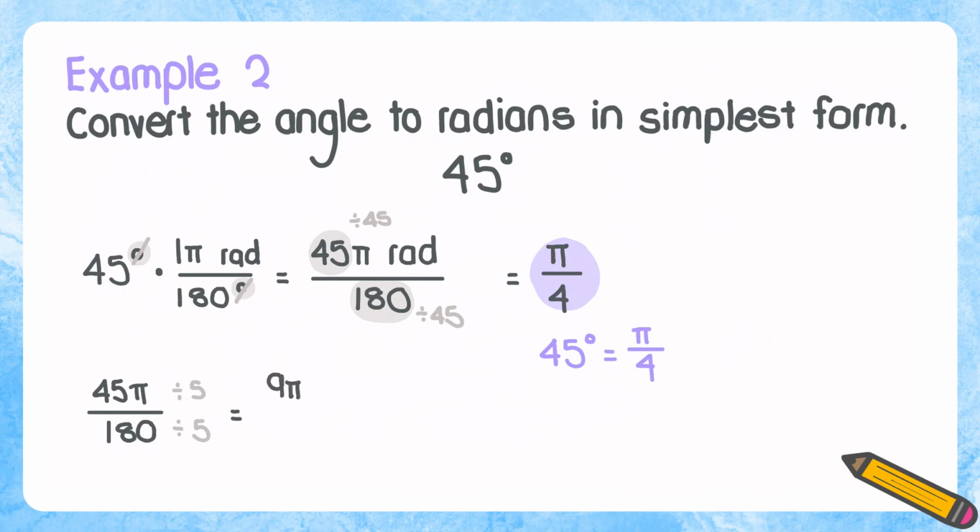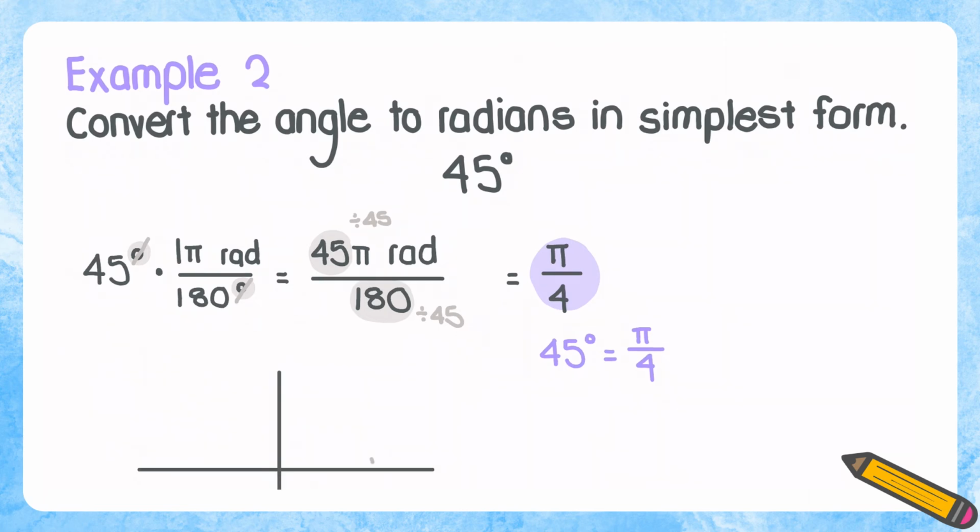So you were able to reduce to 9 pi over 36. And then you notice you can still reduce. Now let's divide both numerator and denominator by 9, and we get pi over 4. So although it required a few more steps, we were still able to end up with the same answer.